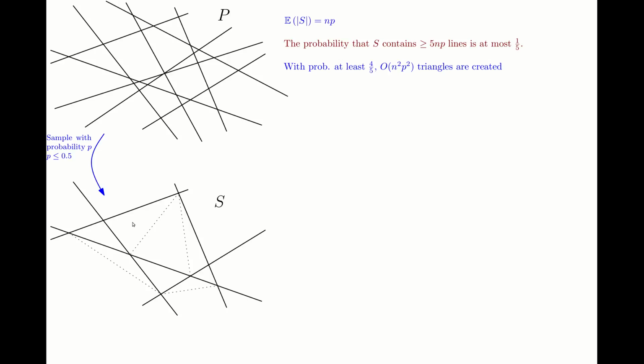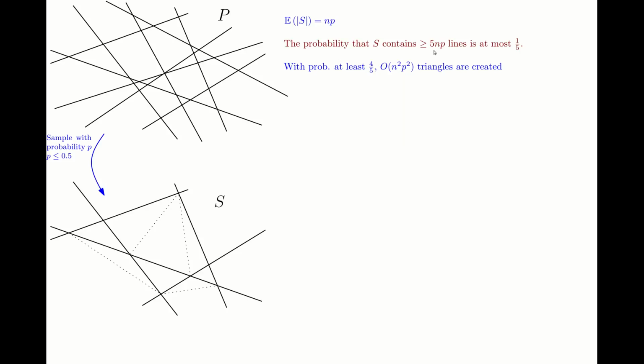Since we sample each line independently with probability p, the expected number of lines in our sample will be n times p. Using Markov's inequality, it follows that the probability that the set S contains more than 5 times the expected value, or 5 times pn lines, is at most 1/5.